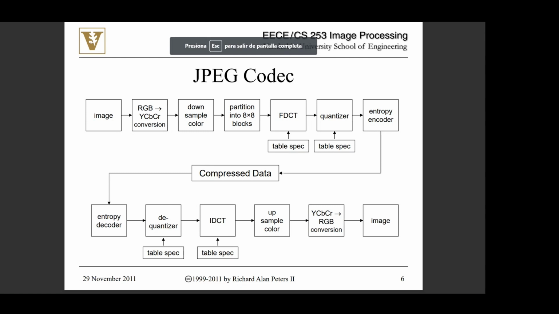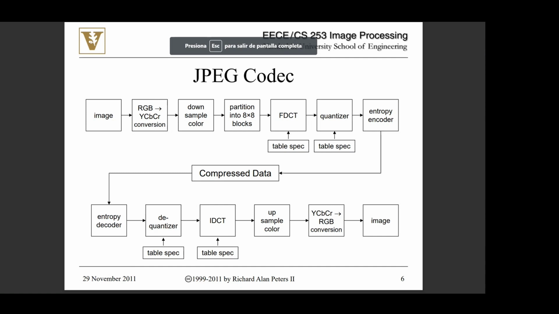And then on the receiver, you have to do the opposite. The last operation was an entropy encoder, so you have an entropy decoder. The second last operation was the quantizer, so a dequantizer. Discrete cosine transform, inverse discrete cosine transform. So you do the operations in just the opposite order to the ones that you use in the encoder.